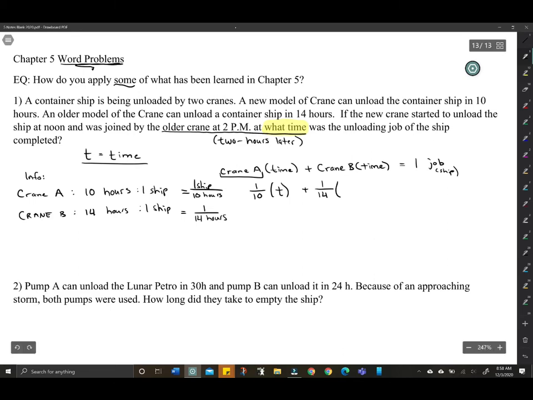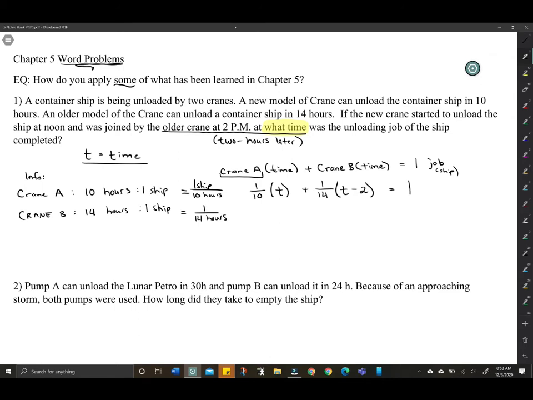So at 2 p.m. means it's worked for 2 hours less, so t minus 2. So that's a little trick there. And that's going to be equal to 1, okay? So be careful with that little change there.